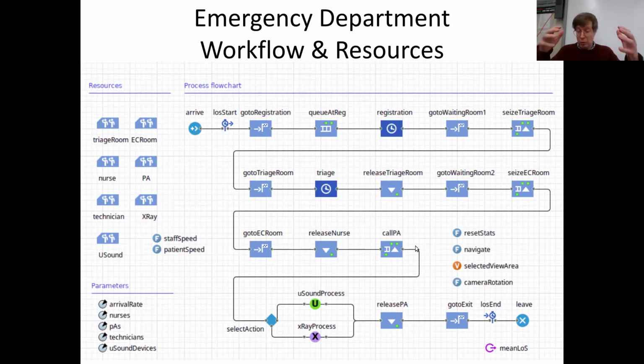If we were to place the X-ray machine more centrally versus peripherally, how much of a time difference would that make in entity movement?